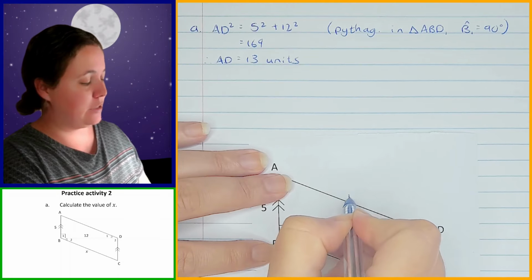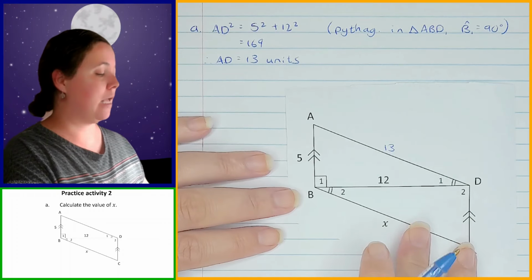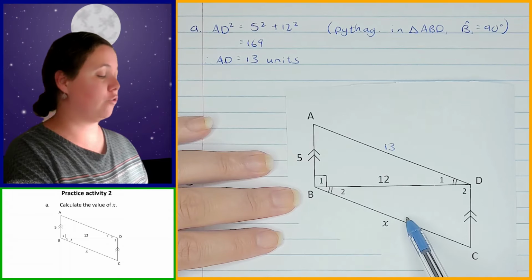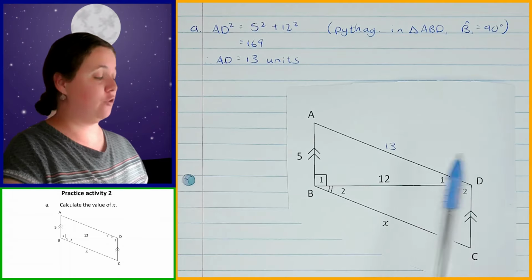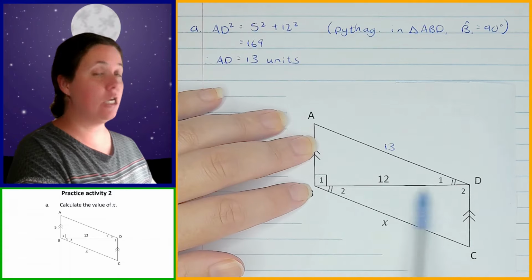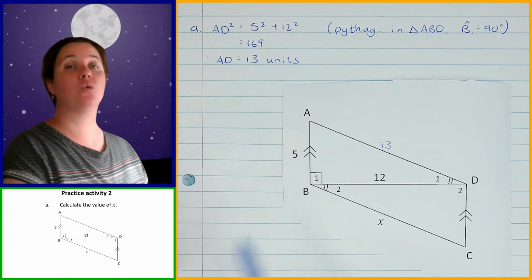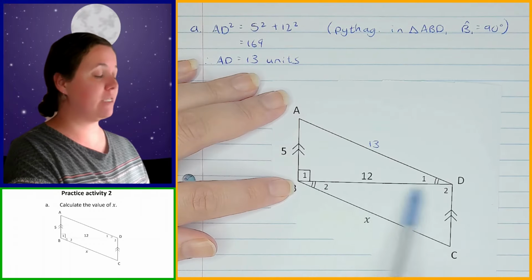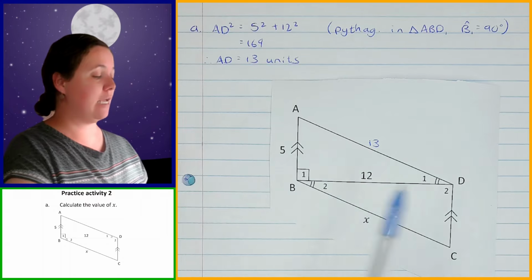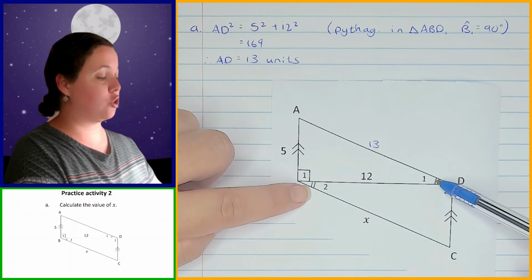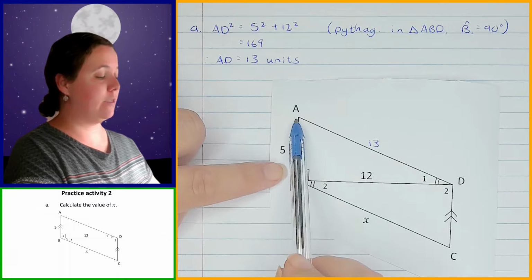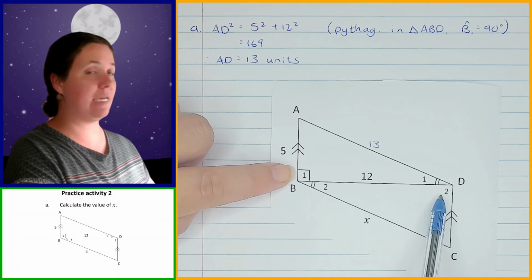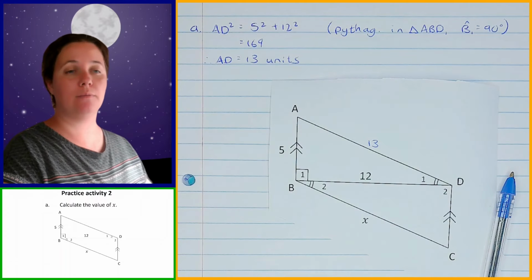This is 13 units. Okay, now I'm going to go and prove that these two triangles are congruent to each other. I need to check if I can first. So over here I've got a common side. Remember, in order to prove congruency, you have to have at least one side that is equal in the two triangles. So I've got a common side, so that's going to be the same for the two triangles. I've got these angles that they told me are equal, and then they told me that these lines are parallel, which means that I can use alternate angles, and I can say that these angles are equal to each other as well.